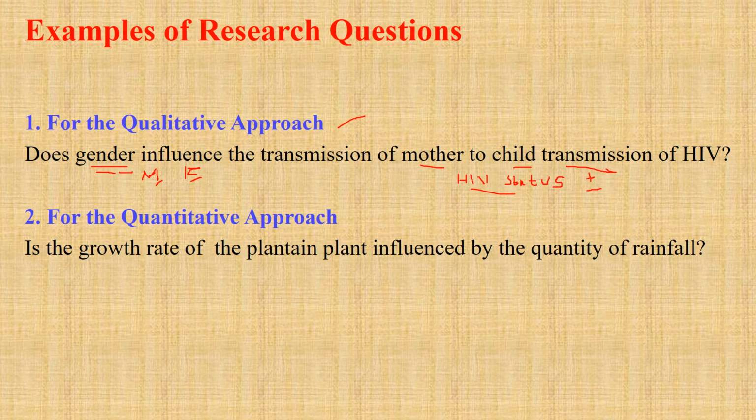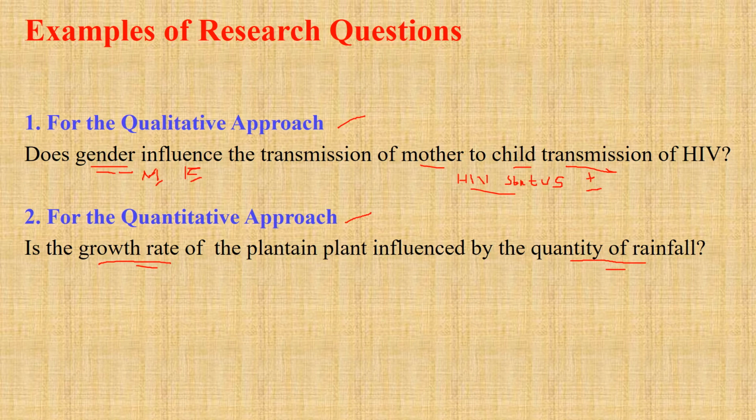Now, let's take the second case for the quantitative approach. This is the research question: is the growth rate of plants influenced by the quantity of rainfall? The parameters we'll be measuring are growth rate and quantity of rainfall. Both are measurable.